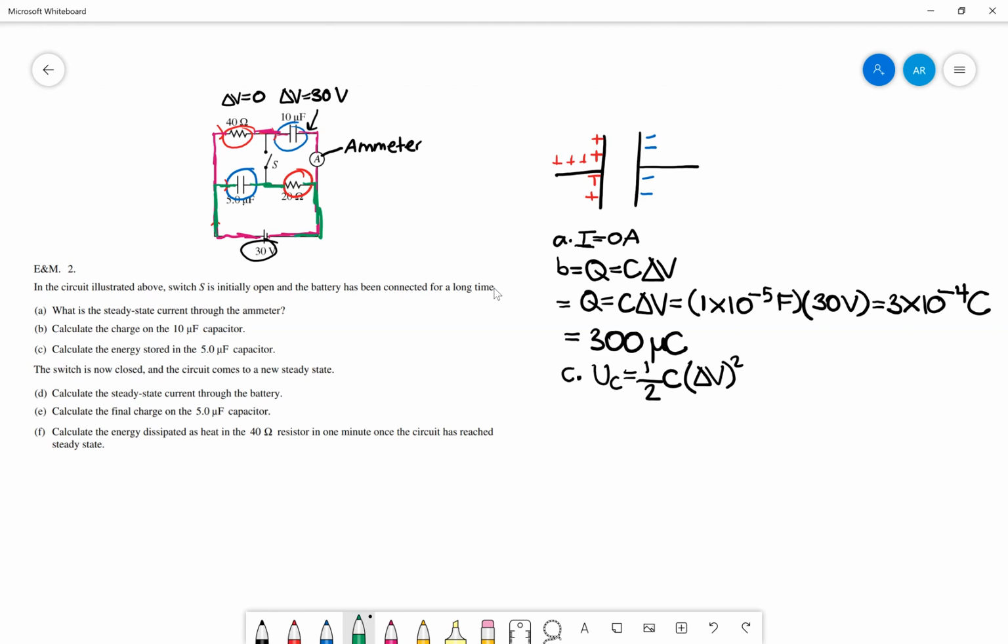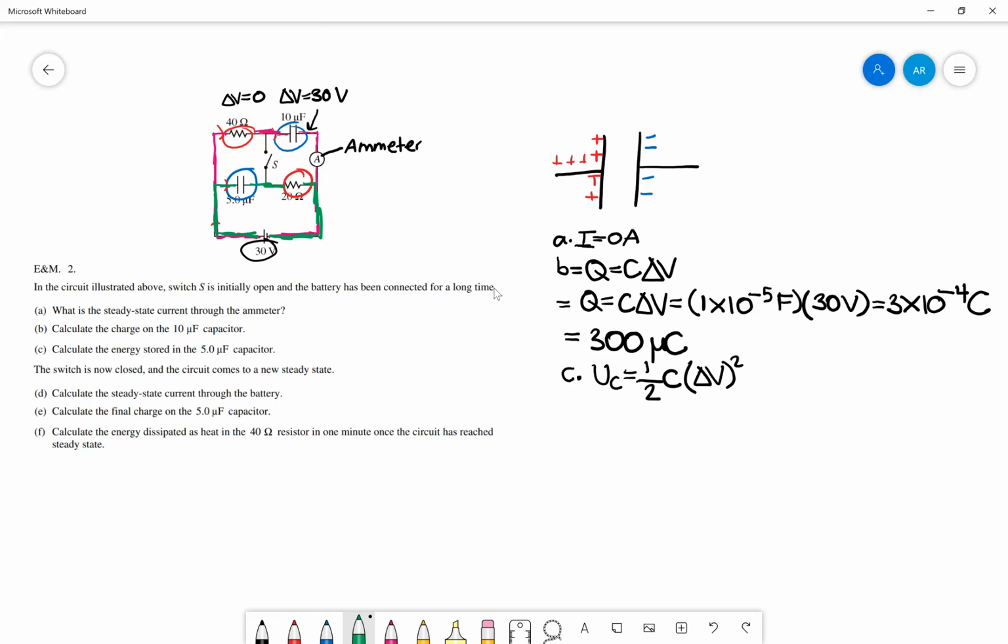Now the battery supplies energy by moving the charges through a potential difference. That potential difference is given by 30 volts, and it basically sends the charges on their way across the wire.